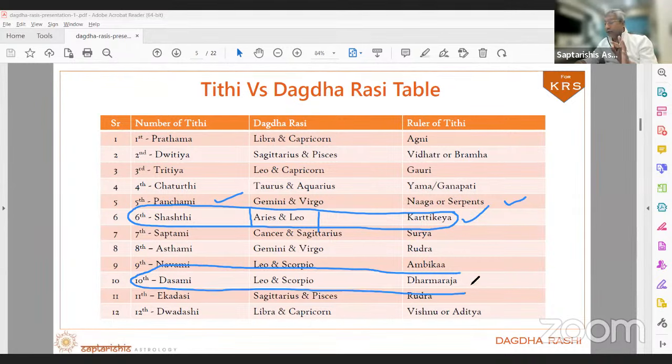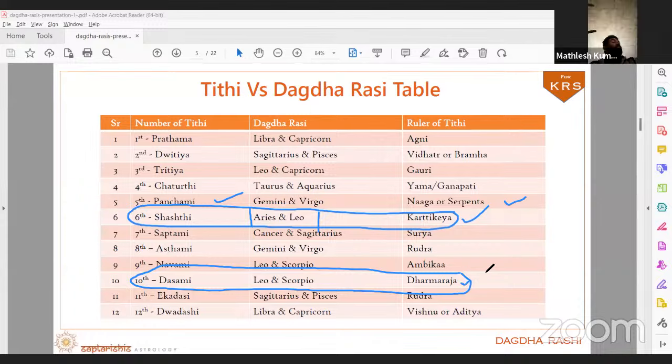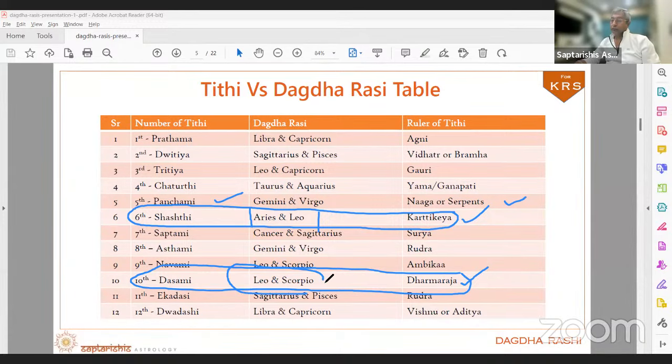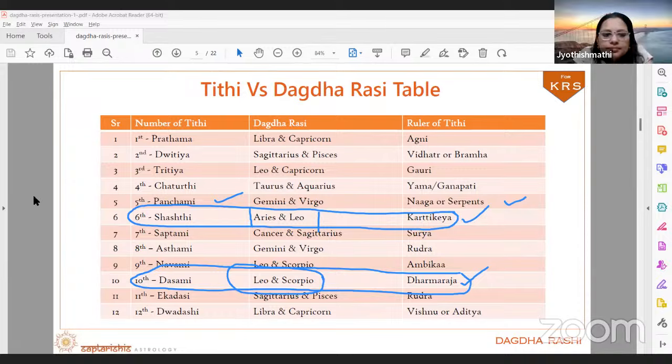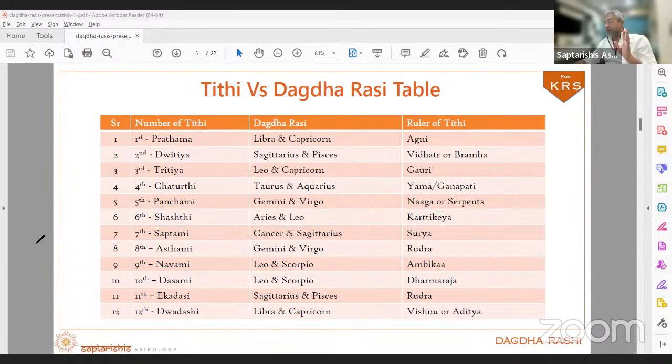Dashami Tithi, Leo and Scorpio is Dagdha Rashi. So you have to follow Dharma Raj, especially in these two signs. Otherwise there will be a problem. Making sense? Yes, sir. Has everybody taken a screenshot?